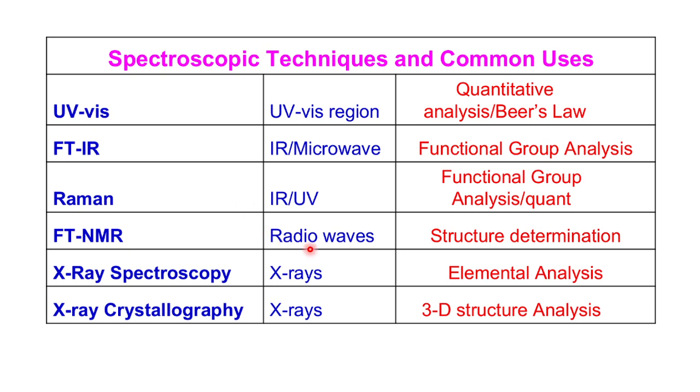For XPS we need X-ray, and that is required to confirm the presence of different elements in a composite. You can also analyze quantitatively what percentage of different elements is present in your sample. XRD is nothing but determining the 3D structure of a molecule.